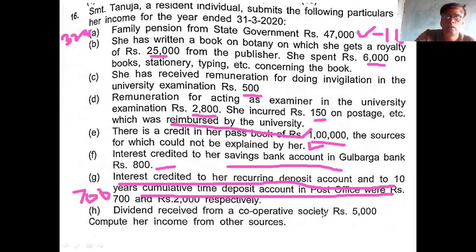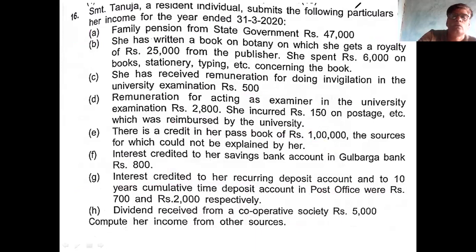Dividend from cooperative society 5,000. You take 5,000 from cooperative society and take the total. The total is called income from other source. Okay, you see the solution.